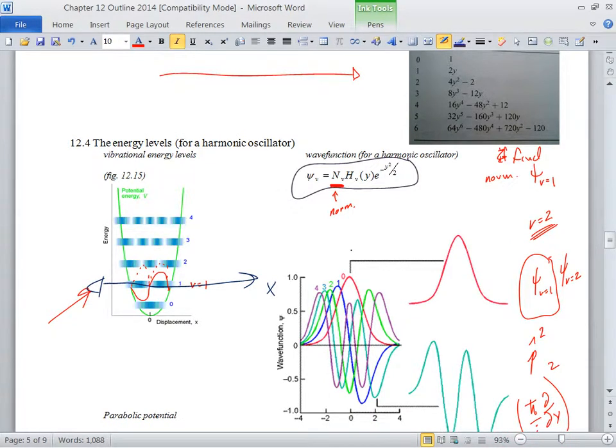So if you wanted to, you're talking about this one, for example? Well, really any of them, they're all the same. So you have to find that normalization constant. So you have to set this up, that 1 equals the integral psi star psi d tau. And here's your psi, this whole thing. And they already put in the normalization constant for you.